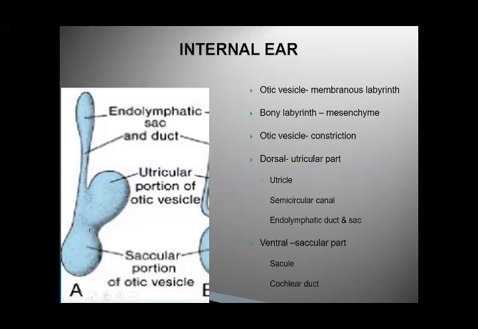That divides the vesicle into two, a ventral part which is the saccule and a dorsal part which is the utricle. Okay. इस utricle में से then you have the development of the utricle proper, semicircular canal, endolymphatic duct, etc. And saccular part ये जो है इसमें से saccule and cochlear duct develop होती है.